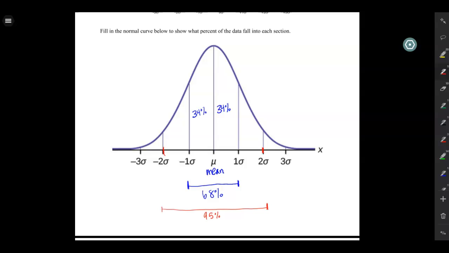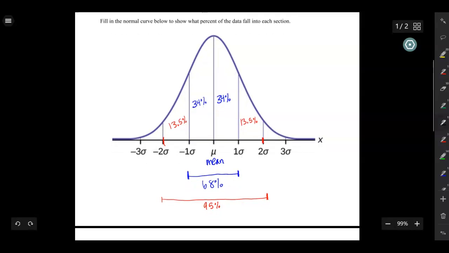That means that we have 27% of my data left to fill in these 2 chunks right here. Because the normal curve is always symmetric, we know that we're going to split that 27% exactly in half, which means that we're going to have 13.5% in this section and 13.5% in this section.